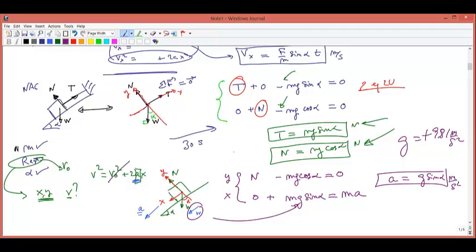If we start from rest, V0 is 0. V obviously is going to go down the inclined plane after a particular distance. Therefore, V will be positive square root of 2ax. And we can substitute the acceleration in there.